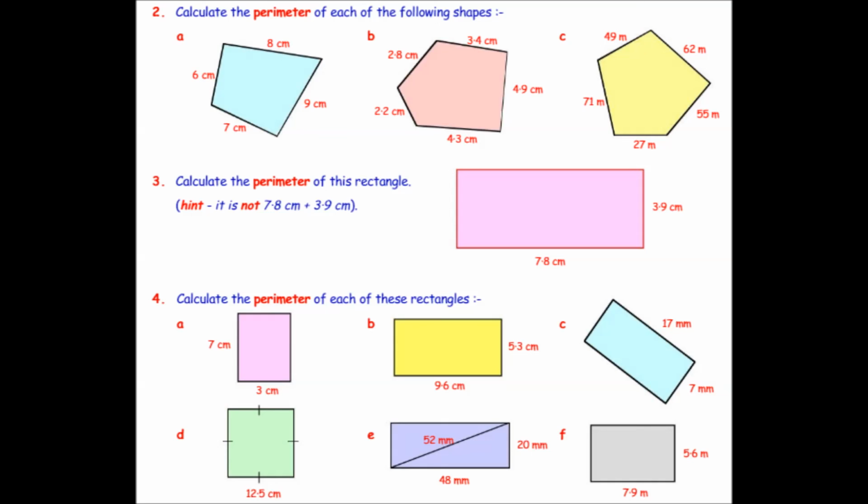But this would be extra information just to reinforce that this is a rectangle. That's all it's doing. So essentially, you can ignore the line in the middle. You've already been told it's a rectangle, and you can ignore the 52 millimetres.